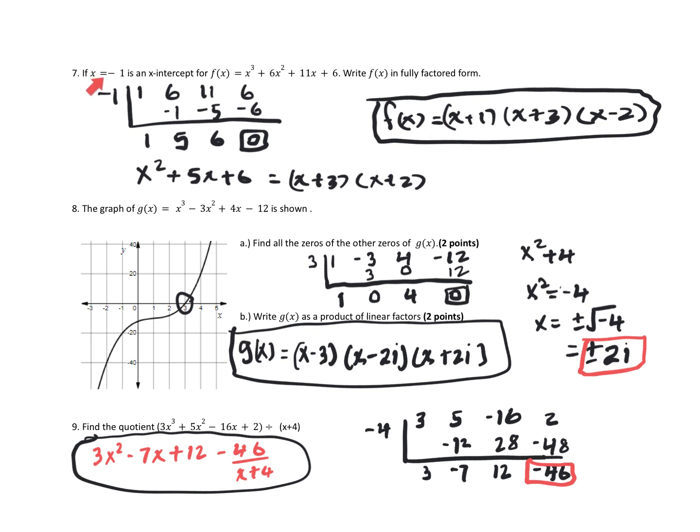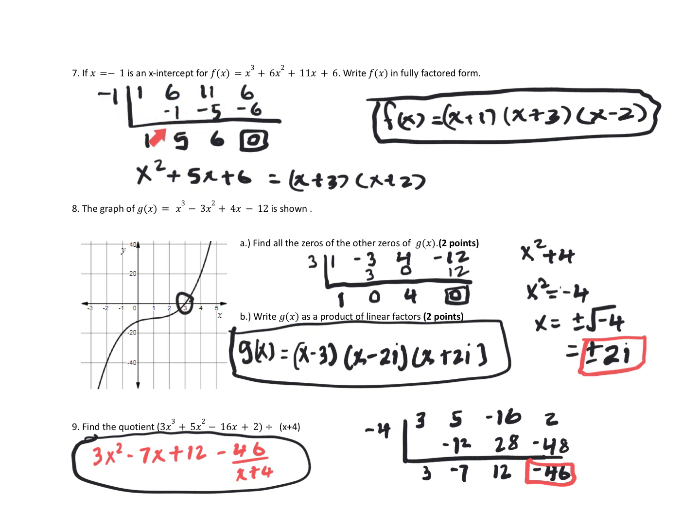Okay, for the next one here, I'm given x equal to -1 is an x-intercept, which is the same as a zero. Write the function in fully factored form. So I look at my equation. Since I cannot factor it, I'm going to reduce it by dividing by -1. I will use synthetic division. So when I do that, this is what I get.